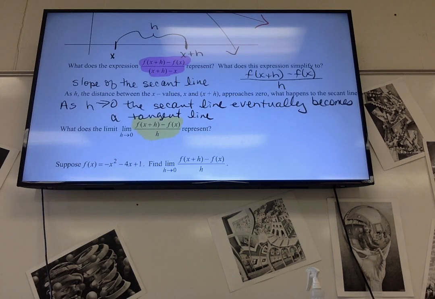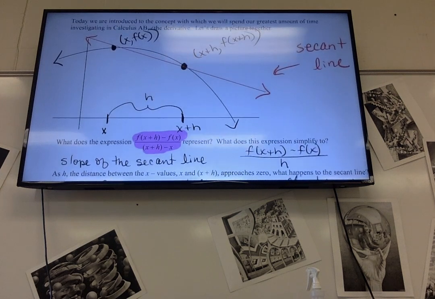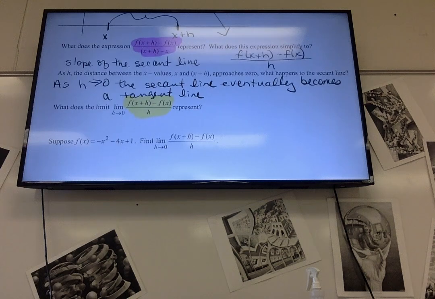So if now we're doing the limit as h approaches 0, so as it turns into a line that looks like that, what is this representing? Tangent. The slope of a tangent line.